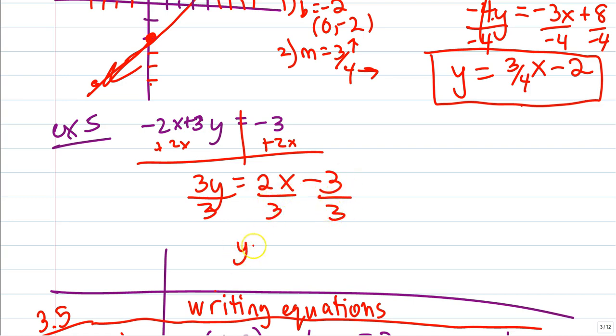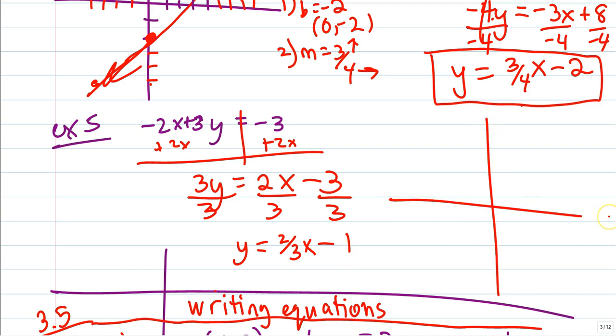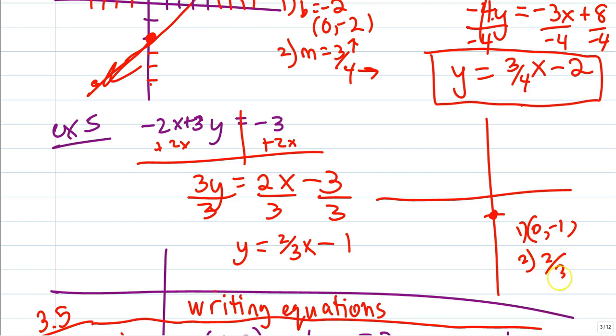So now I have y equals 2/3 x minus 1. How would I graph that? Start at the y-intercept at -1. And from there, use the slope of 2/3. That would be up 2 over 1, 2, 3. And graph a line.